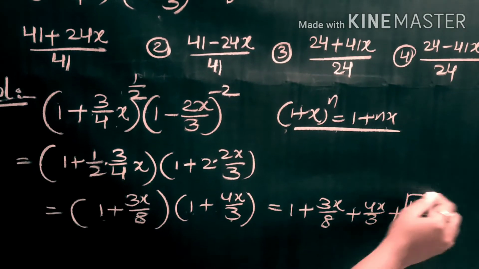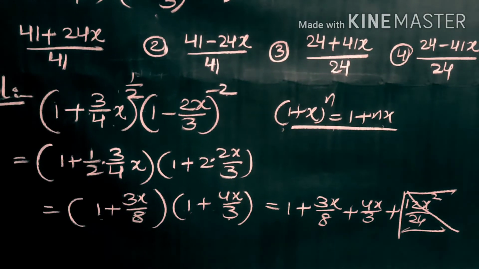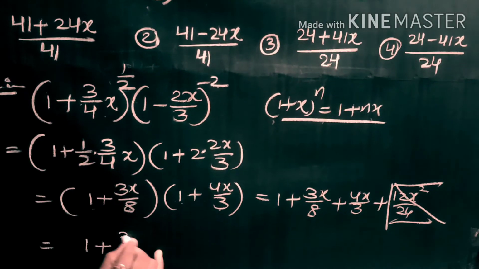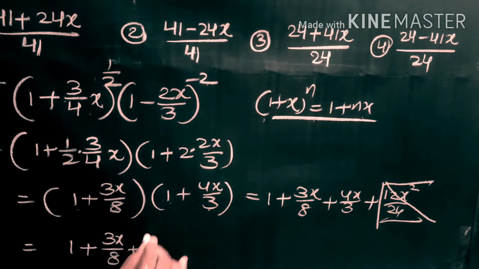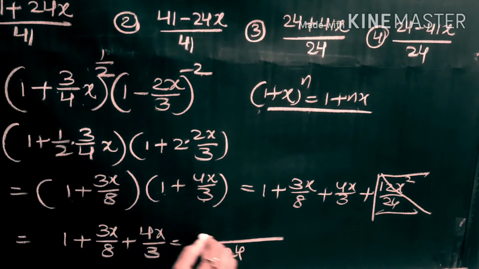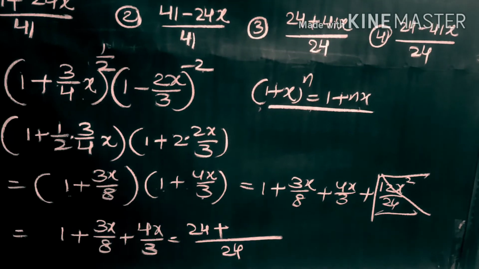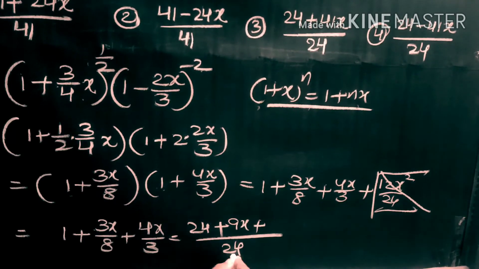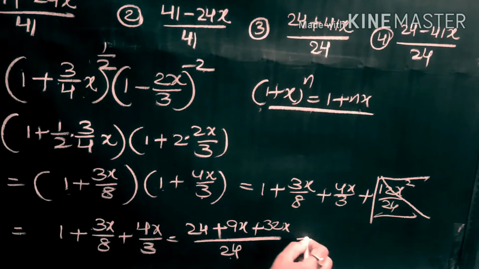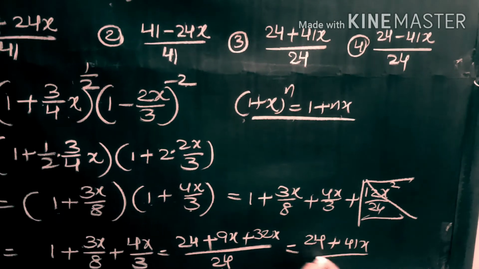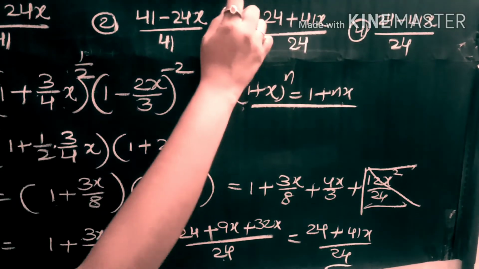But here also we neglect the x square, the higher power, so leave the last term. Now write the remaining terms only, that is 1 plus 3x/8 plus 4x/3. Taking LCM 24: 9x plus 32x, that is 1 plus 41x/24, and this is the third option.